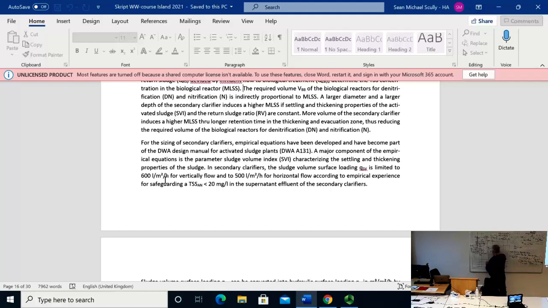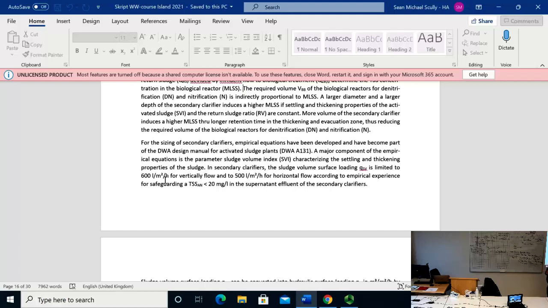That means you have 9.1 cubic meters peak flow per day per square meter, because I have 91 PE, and 91 times 100 liters makes 9.1 cubic meters per day.